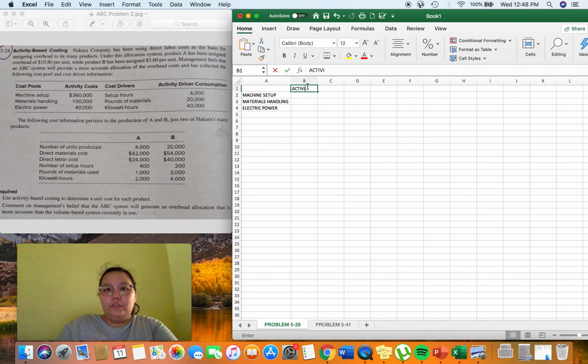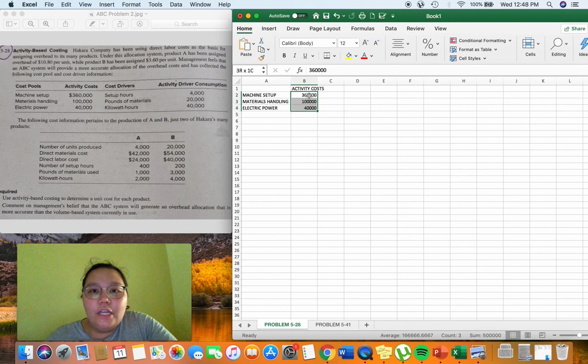So we have the activity cost: 360,000 for machine setup, 100,000 for materials handling, and 40,000 for the electric power.